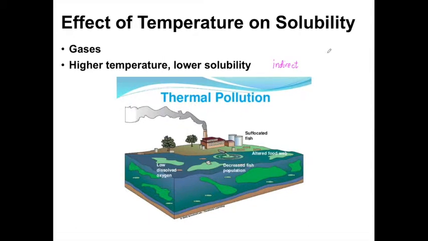So, this can be due to the natural heating of the water, climate change, or due to factories that discard their heated water into lakes or seas. So the hot water causes the solubility of oxygen to decrease. So there is less oxygen dissolved in your water, and this causes the fish to die due to lack of oxygen.